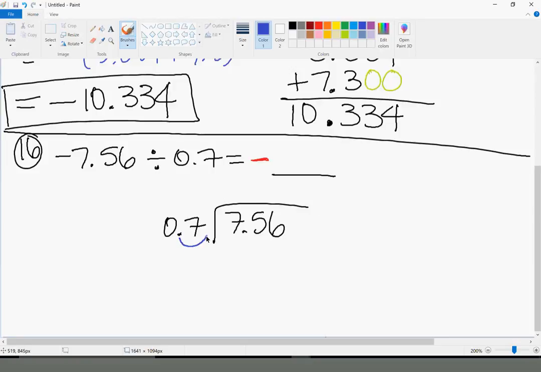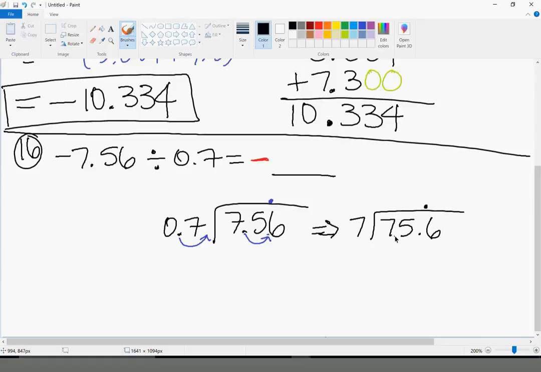We want to move that decimal however many times to make it be a whole number. But if I move the decimal out here, I have to move it in here. So if I moved it once out here, it moves once in the box, and this is where your decimal will go in your answer. So now it's like you're looking at it as 7 divided by 75.6. That's really what you're doing now.